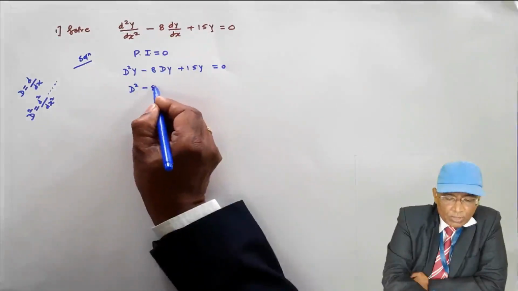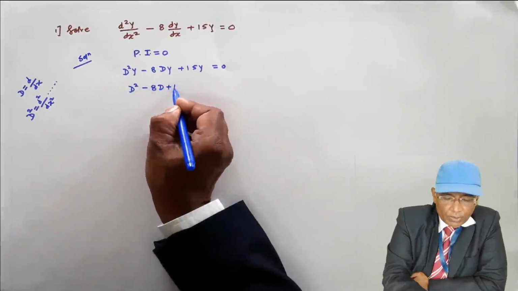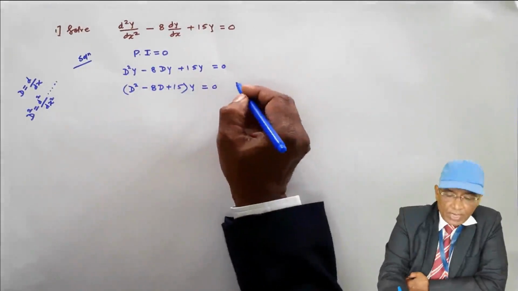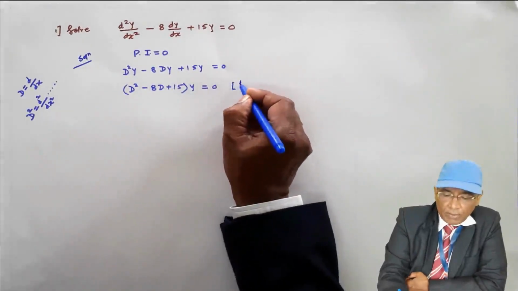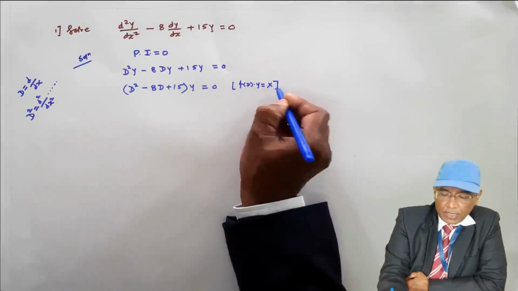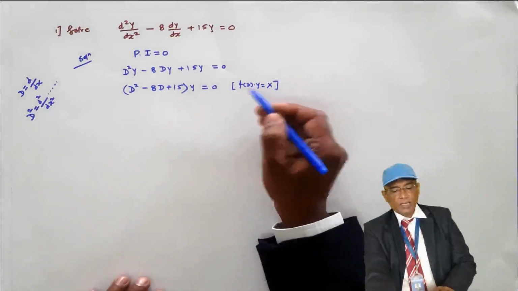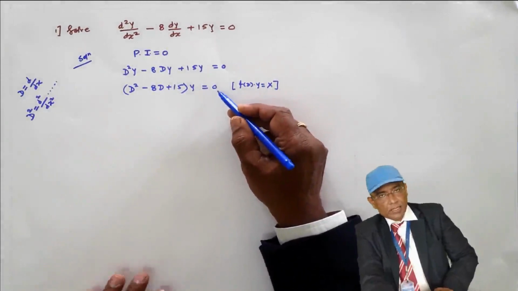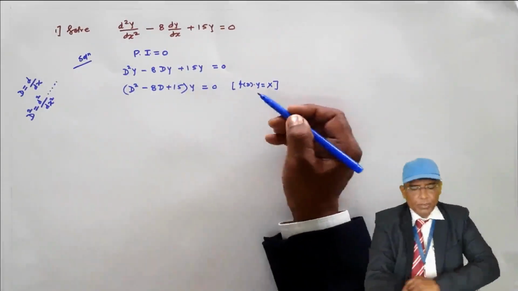Y is common in all these 3 terms, so I am taking y common. So I have written this differential equation in this form, f of D, y is equal to capital X. Capital X is a function of small x, and here capital X is 0. The right hand side is 0, therefore the particular integral is going to become 0.